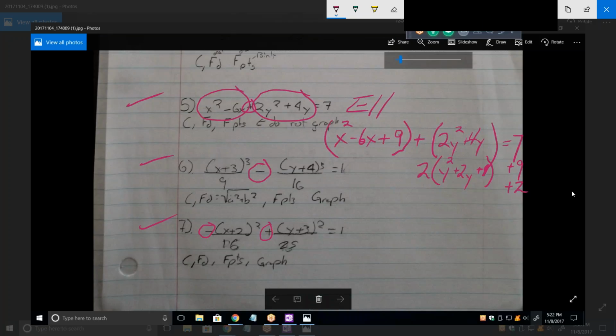Okay, now each term can be written in this kind of format: x minus h squared. How do I write that as an x plus or minus h squared?